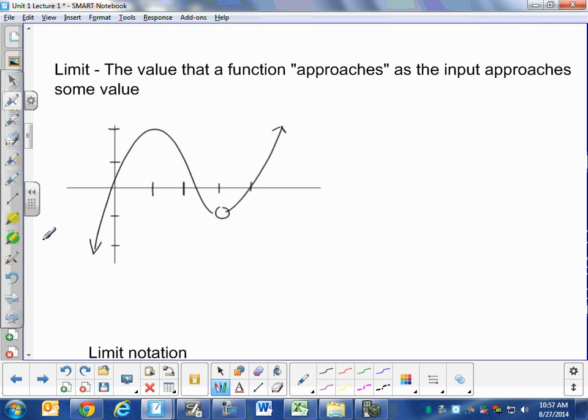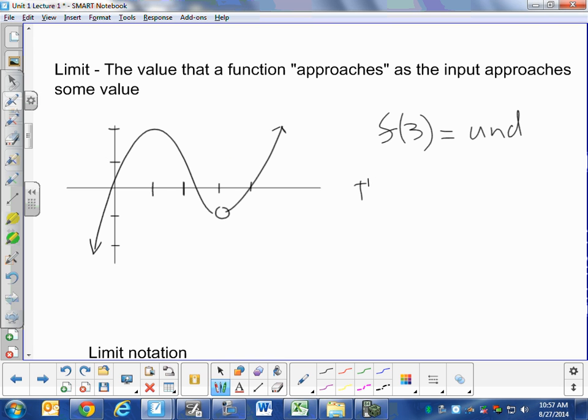So using this same example, I know f of 3 is undefined. There is no value. There's an open circle at 3. But, Ms. Golden, what does our function approach as we get close to 3? -1. You just kind of found the limit.